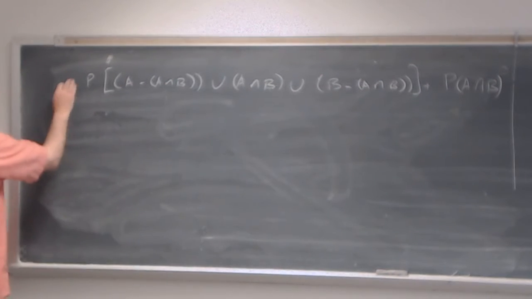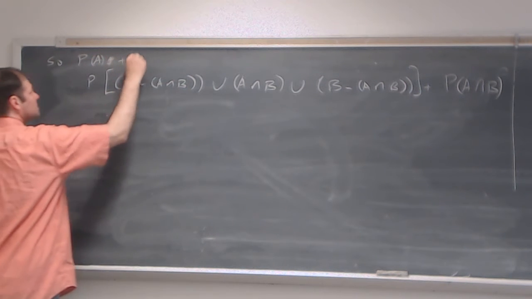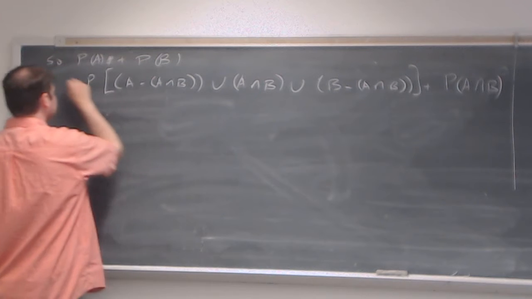Let me write this above. So the probability of A plus the probability of B is equal to this.